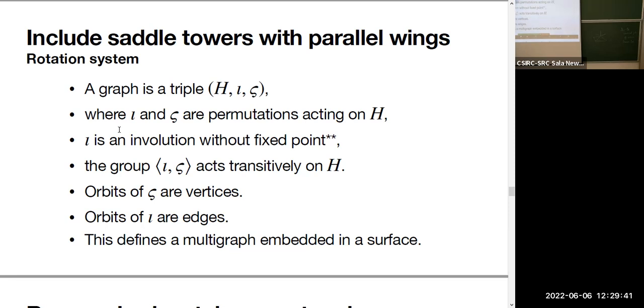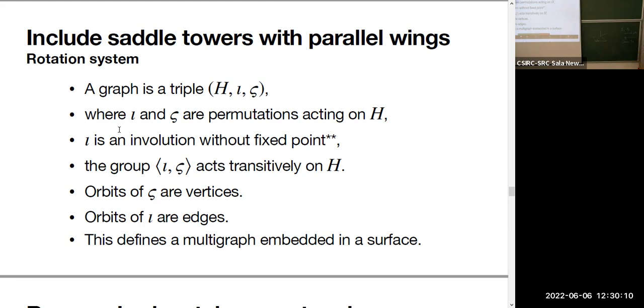I have a set whose elements are called half edges. A half edge is a vertex and its adjacent edge. You can also think of half edges as directed edges, edges with a direction. And then I have iota, which is a map that maps a half edge to the opposite half edge.